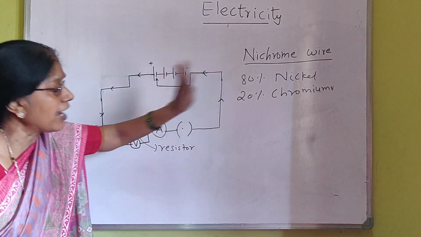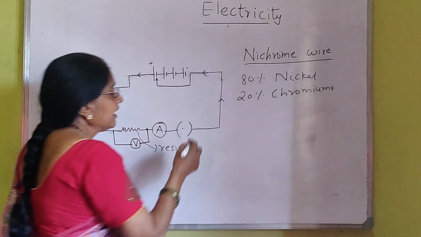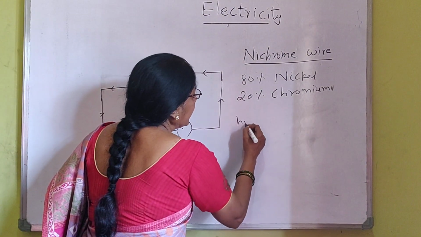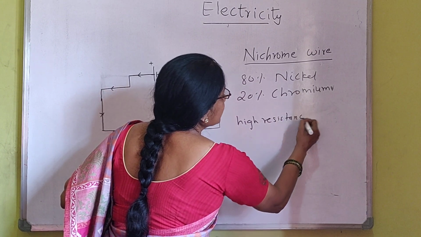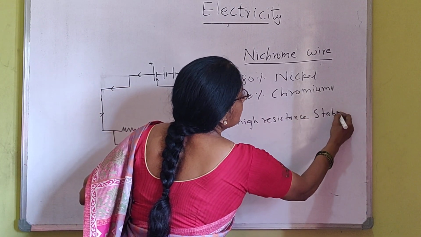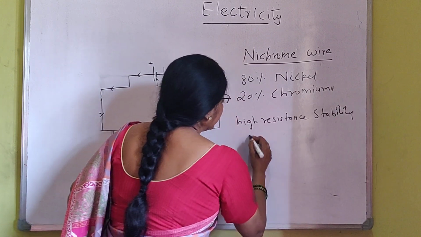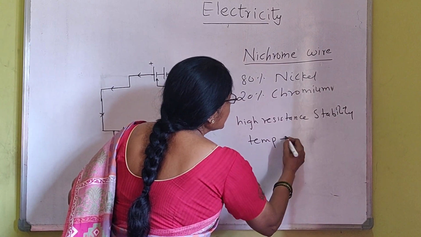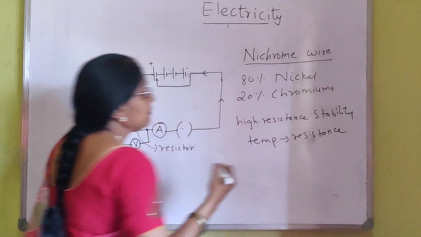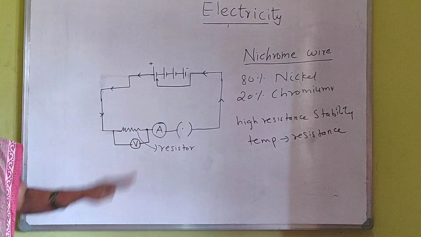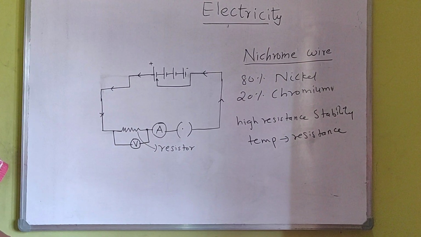Why was nichrome wire chosen? Because it has high resistance and resistance stability. High resistance stability means the resistance does not change with temperature, it almost remains the same. So nichrome wire was used.